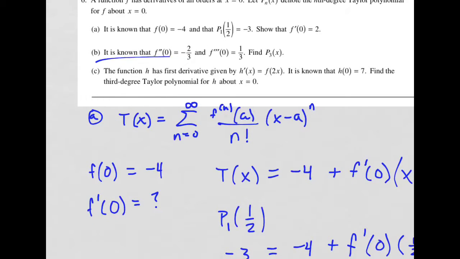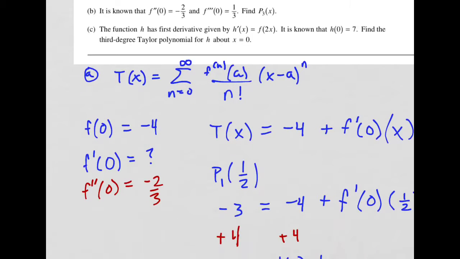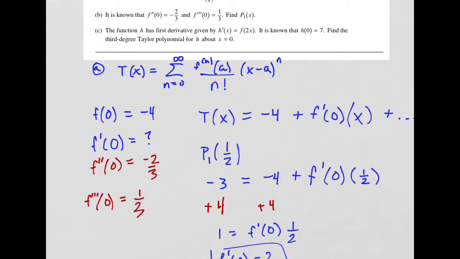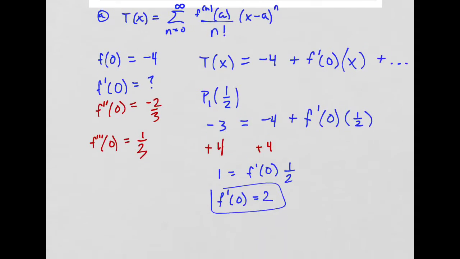Okay, part B. It is known that f double prime of 0 equals -2/3, and f triple prime of 0 equals +1/3. Find P3, so that's the third degree Taylor polynomial.